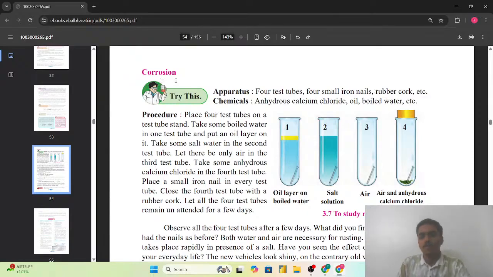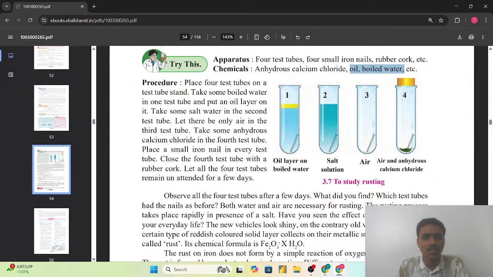तो चलिए देखते हैं करोजन। यहाँ पर एक इंटरेस्टिंग एक्टिविटी है जो कि हमें यहाँ पर बोली गई है। Apparatus: four test tubes, four small iron nails, rubber cork, etc. Chemicals: anhydrous calcium chloride, oil, boiled water, etc. प्रोसीजर क्या है? Place four test tubes on the test tube stand.